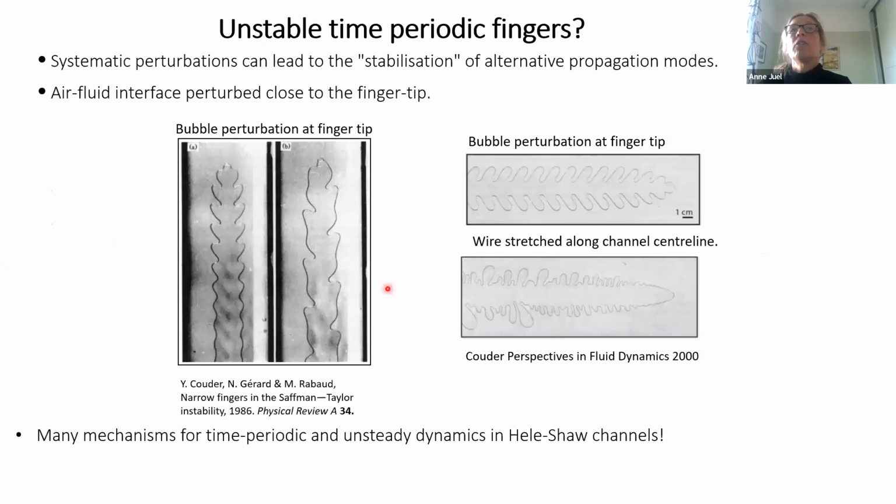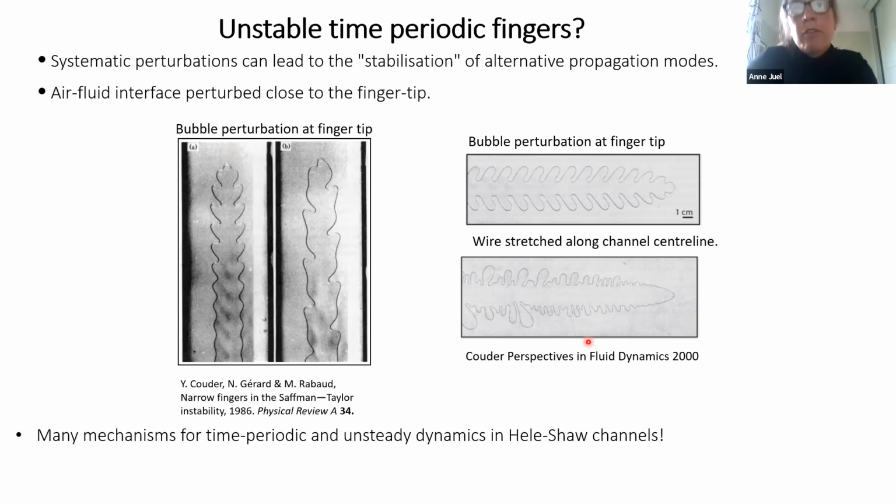Okay, so actually, if you go back to the 90s, there were a series of beautiful experiments around Yves Couder, where the fingertip of a Saffman-Taylor finger was systematically perturbed, either with a small bubble at the tip here, or a stretched wire along this system here.